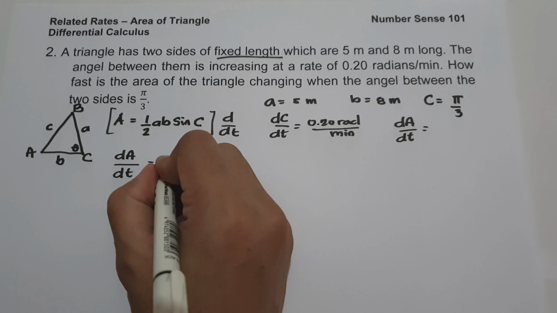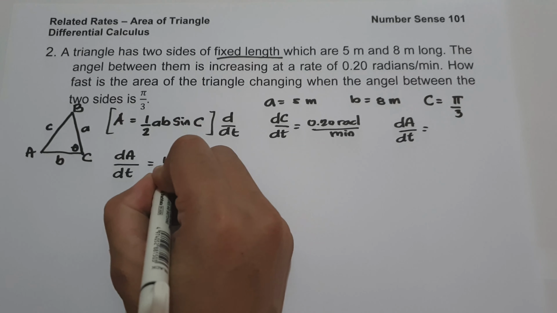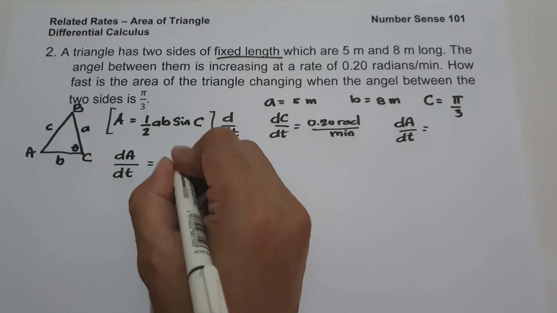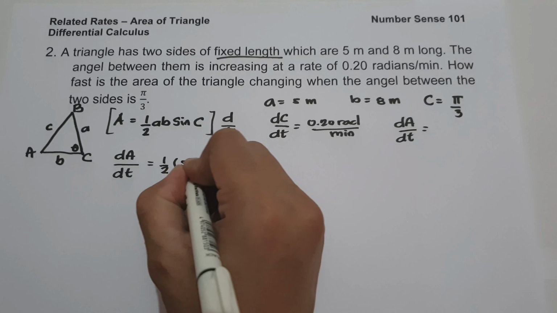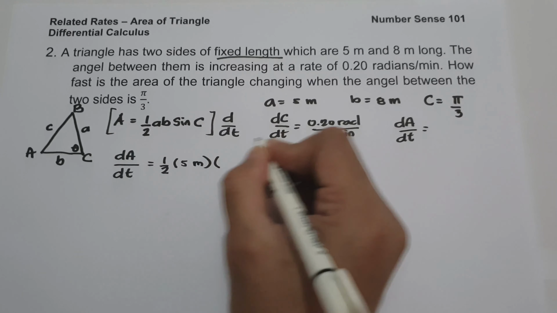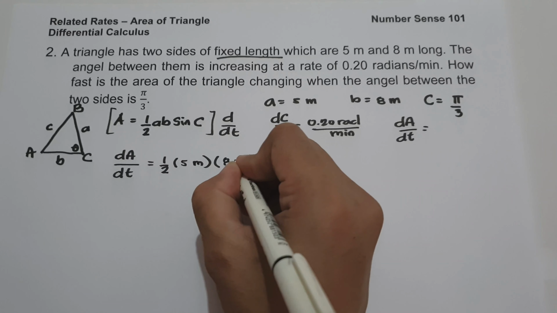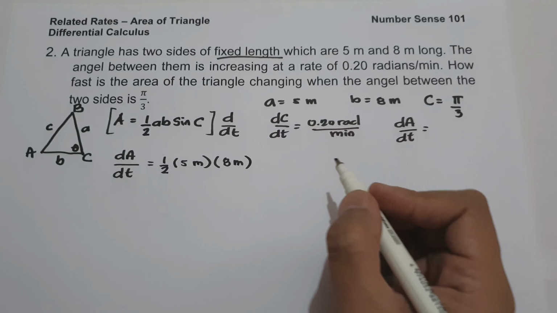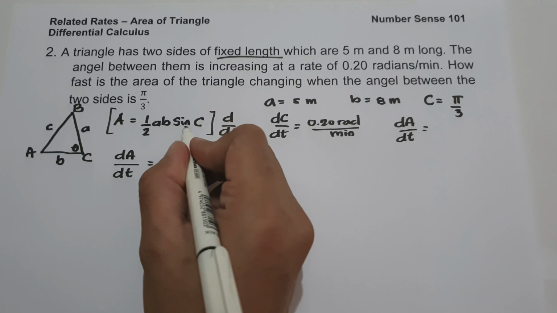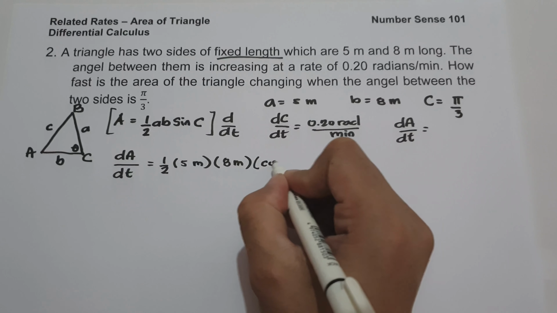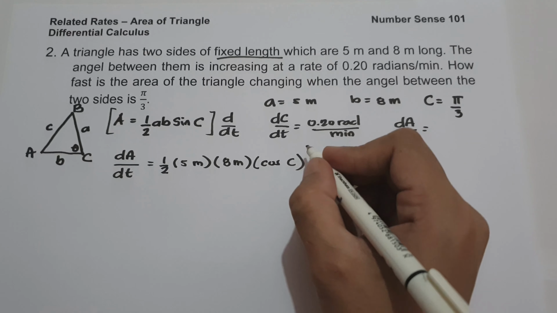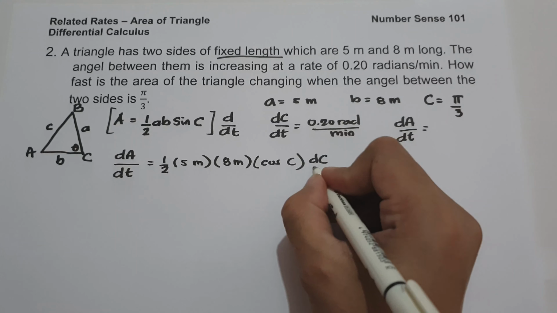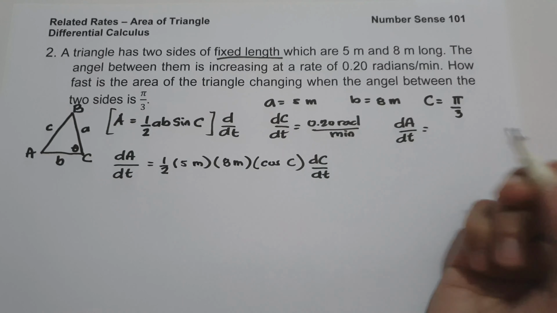And then we have 1/2 a, that is 5 meters, and then b, that is 8 meters. And the derivative of sine C is cosine C with respect to time, dC over dt.